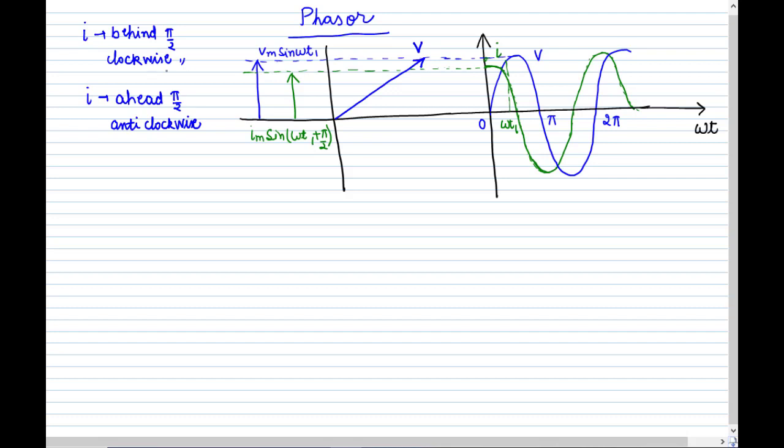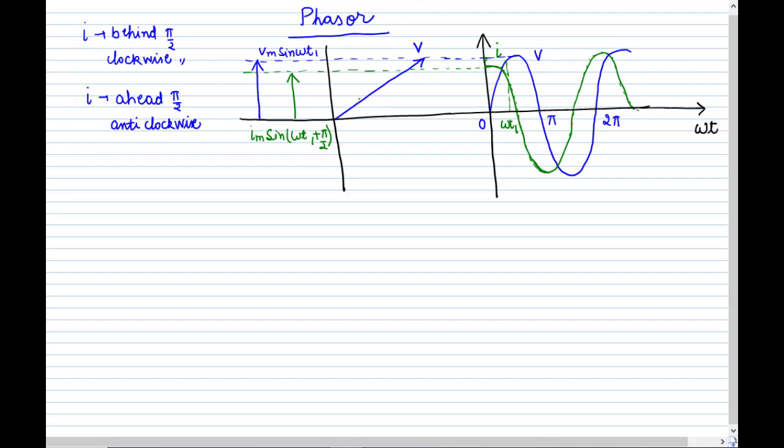So initially for the inductor, I was behind pi by 2, so we drew it like this. But here the current is ahead of the voltage by pi by 2, so here we will draw it in the anti-clockwise direction. I hope the reason is clear to you.